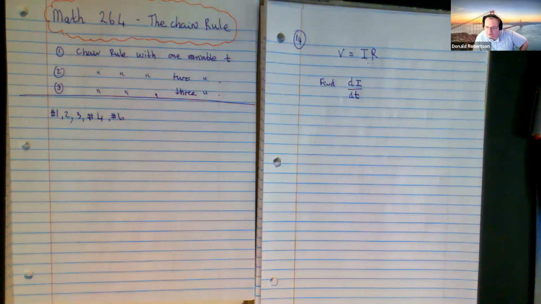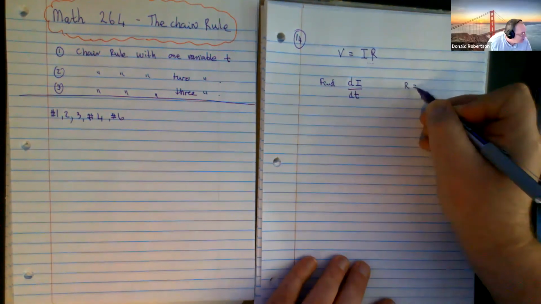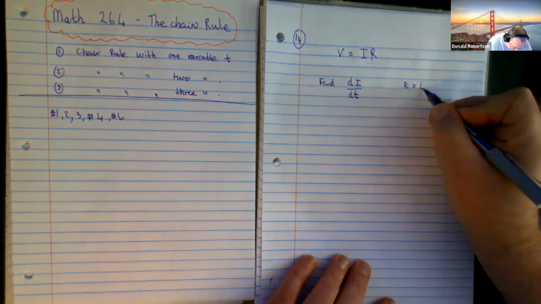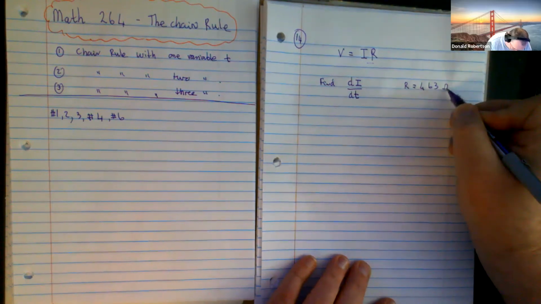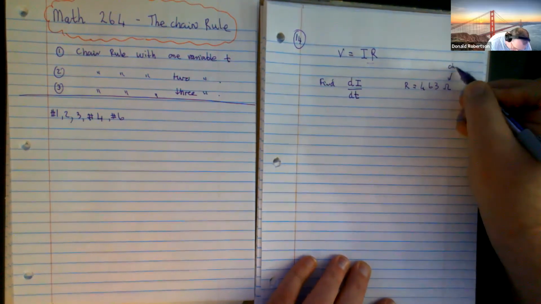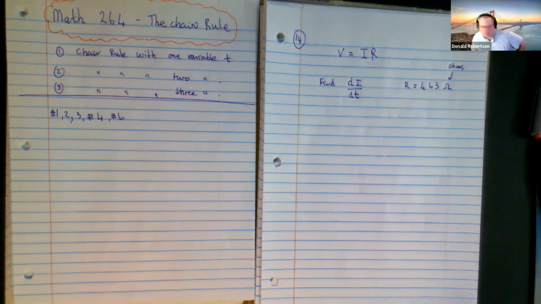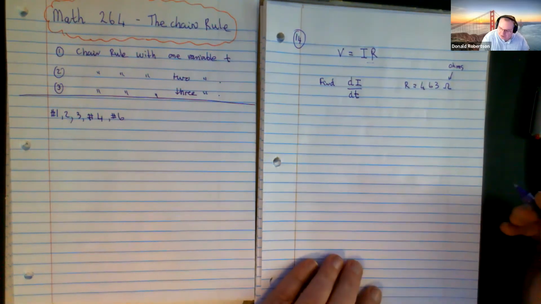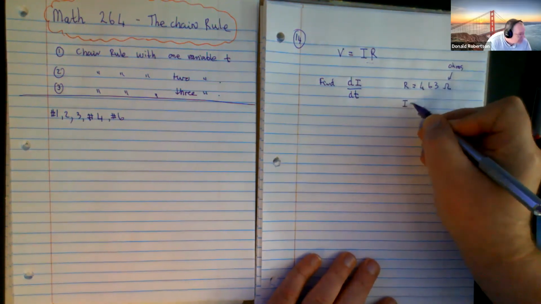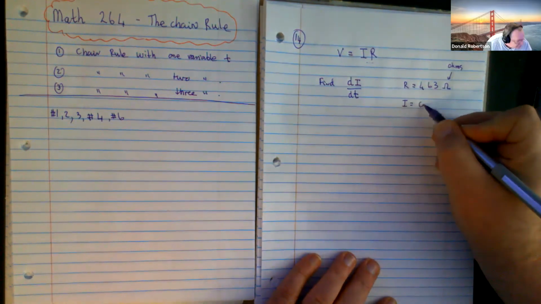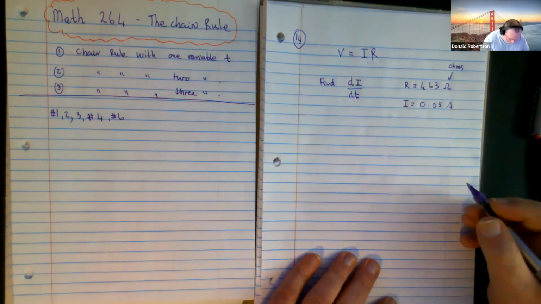So far, so good. And they tell us that R is 463. And I don't know why I know this, but I do know it. Isn't that symbol ohms? The stuff that I must have picked up 40 years ago. And the current is 0.05 amps, right?